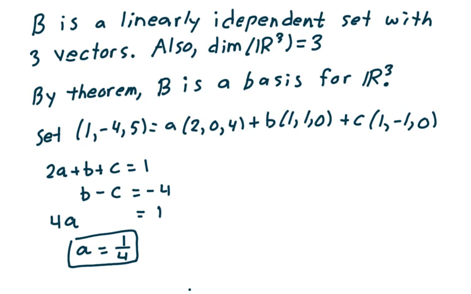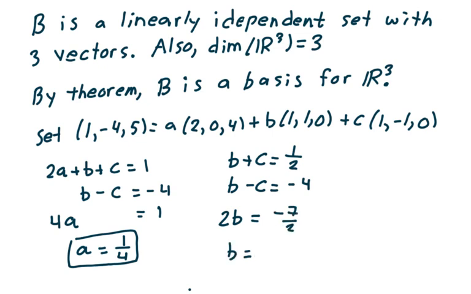And so if I take 2 times 1/4, I get 1/2. And so therefore B plus C equals 1/2. B minus C equals -4. So 2B equals, what is that? -7/2. So B is -7/4, right?